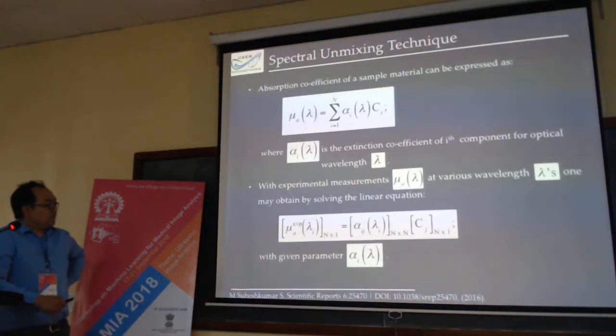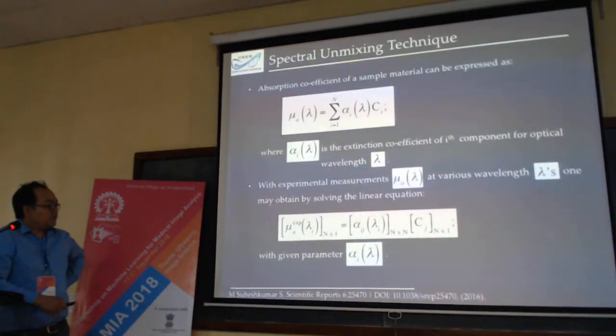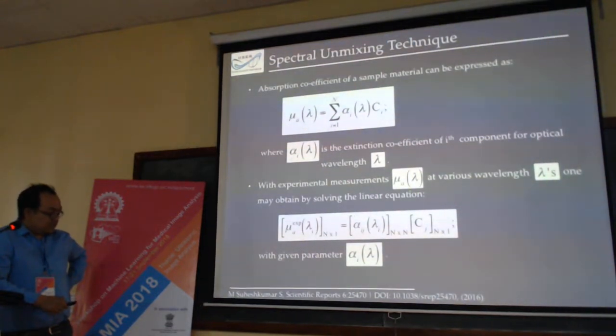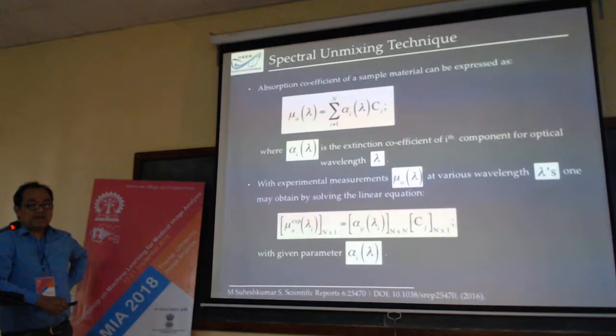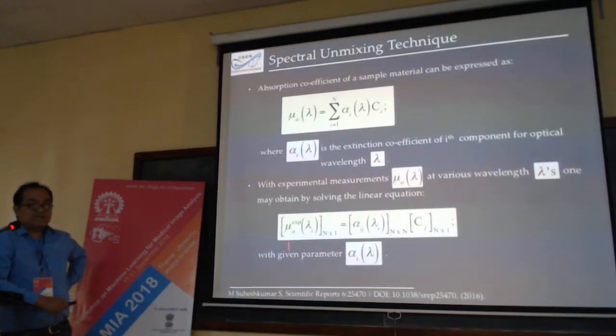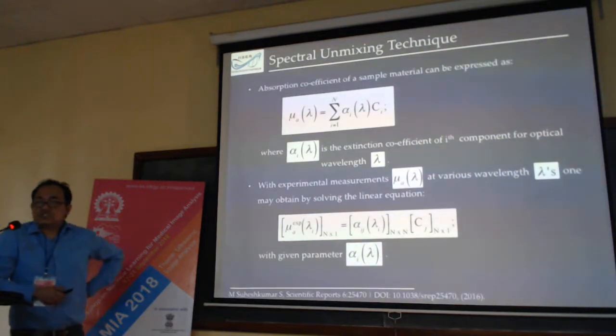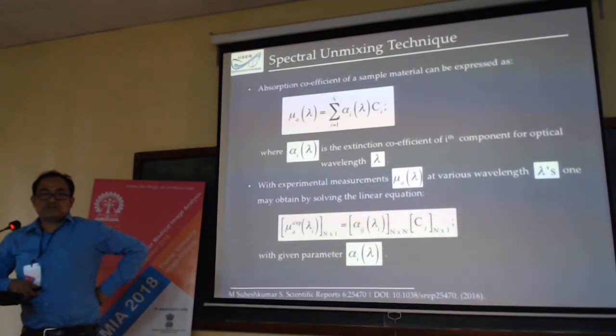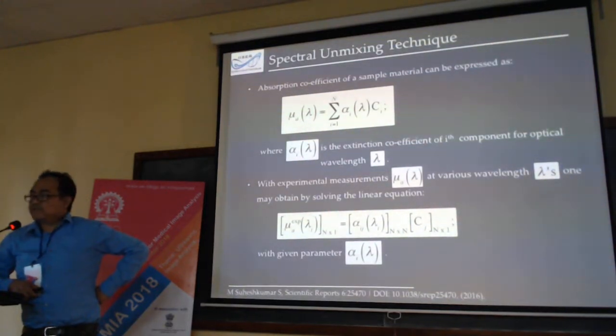So if we expand this system of linear equations from the measurement of the absorption coefficient at different wavelengths, equal to the number of components under consideration, then by solving these equations one can get the distributions of the concentrations of the chromophores in the system. From that, we can recover the physiological information of the system.